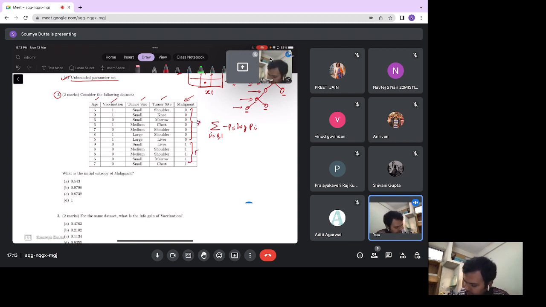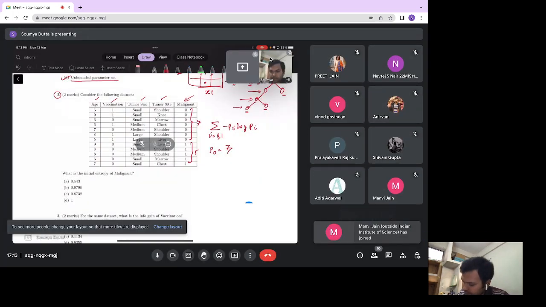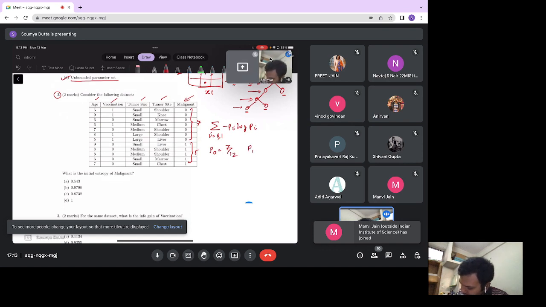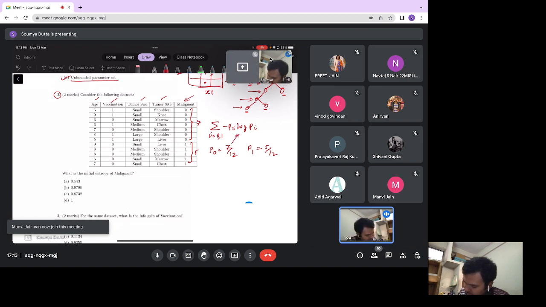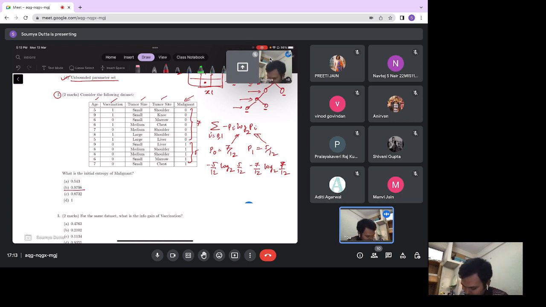Therefore, the probability of class 0 is 7 by 12, and the probability of class 1 is 5 by 12. Inserting these into the formula, we get minus 5 by 12 log base 2 of 5 by 12 minus 7 by 12 log base 2 of 7 by 12, which comes out to be 0.9798. That is a simple calculation.